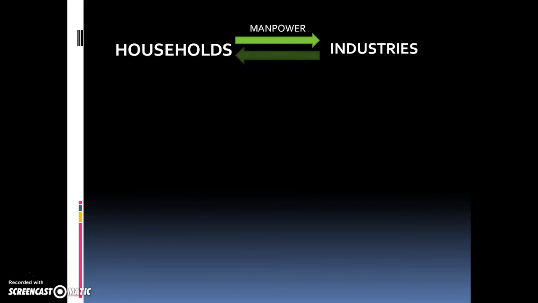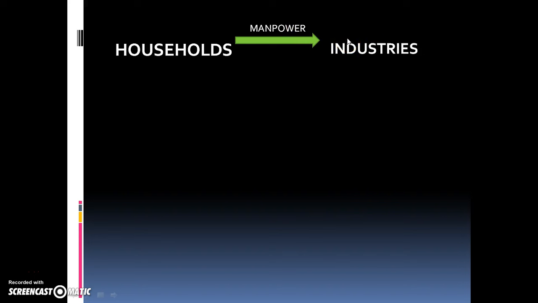Let's try to understand the interaction between these players or entities that we talked of right now. So there are households and industries. One of the basic transactions between individuals and industries is that households supply manpower to industries.